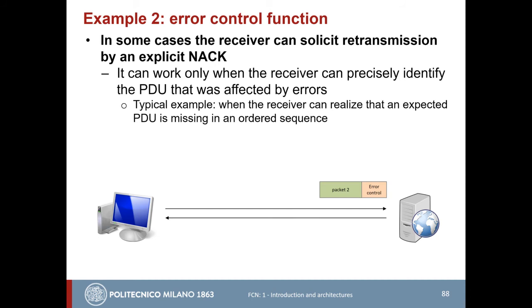If we want to implement the negative acknowledgement mechanism, the receiver must identify the missing or corrupted packet. If the packet has an error, this packet is blocked, and the receiver cannot do anything because it is not sure about the identity of the packet.